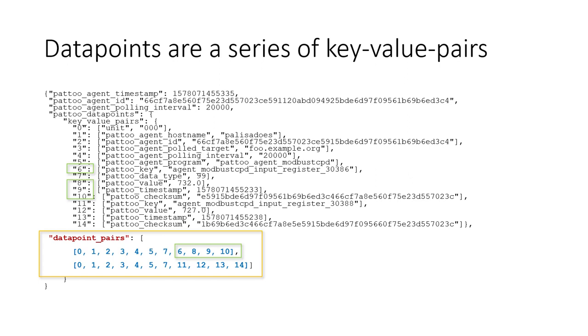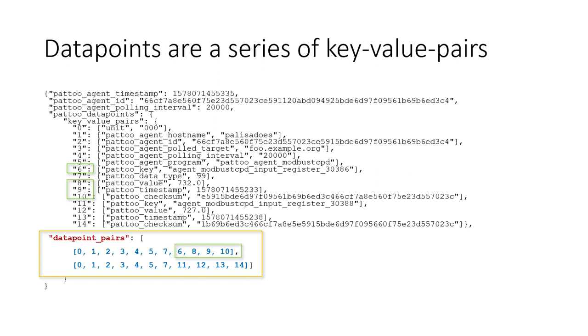Some of them, like I'd mentioned before, do not have the Pattoo prefix, and then some of them are hidden and have the Pattoo prefix. But the essence of it is that the Pattoo key is the primary key value of the data point, and the Pattoo value is the value of the data point. Everything else is related metadata.